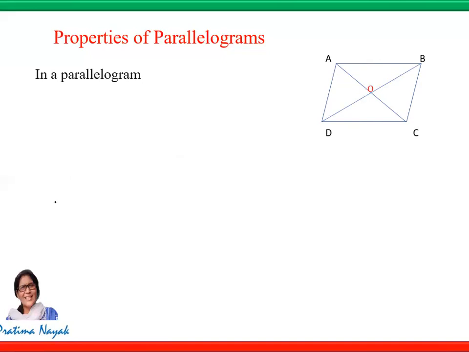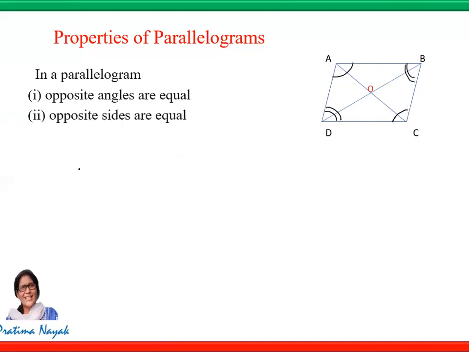So in a parallelogram, what are the properties? Opposite angles are equal. Angle A is equal to angle C. Angle B is equal to angle D. Opposite sides are equal: AD is equal to BC, AB is equal to CD.